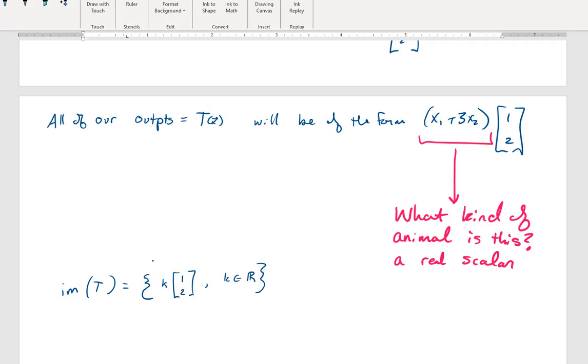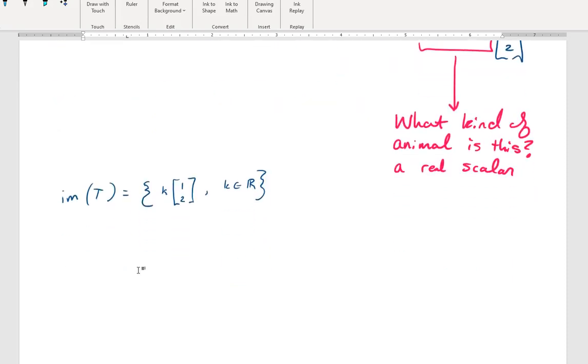You can make any scalar out of x1 plus 3x2 if you're allowed to have any real numbers for x1 and x2. So our image is the set of all scalar multiples of the vector 1, 2.